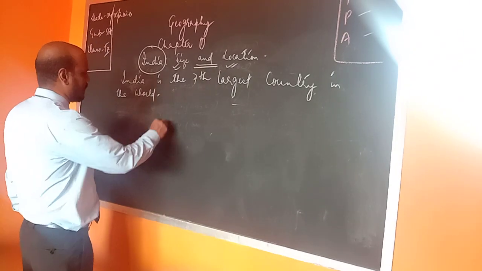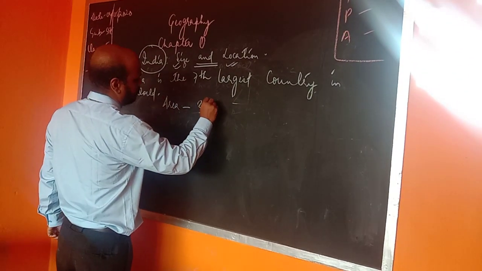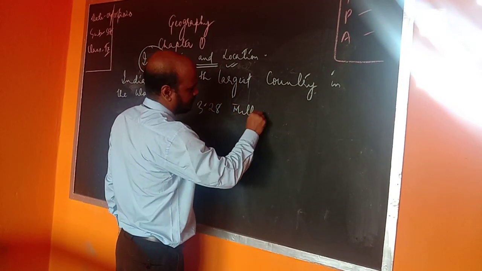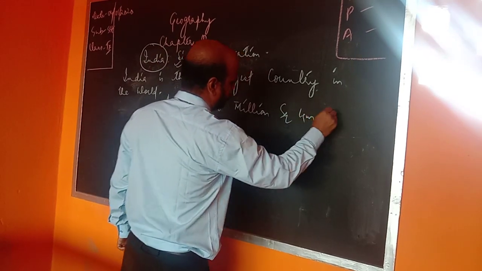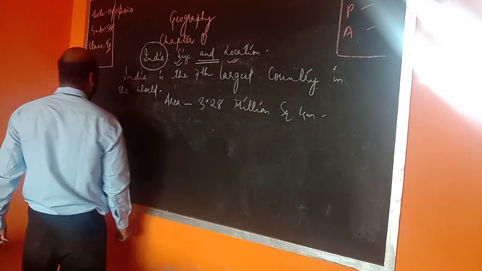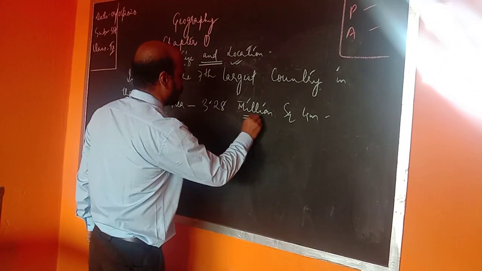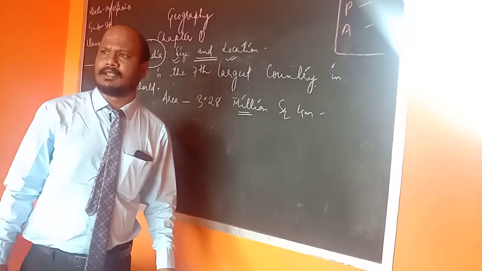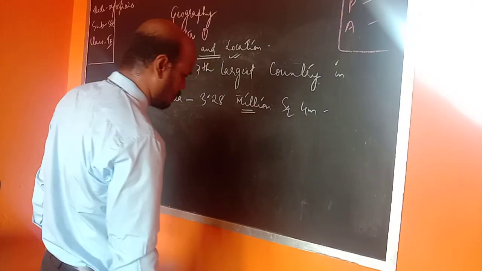The total area of India is 3.28 million square kilometers. It completely lies in the northern hemisphere.